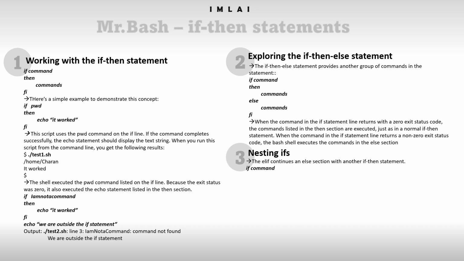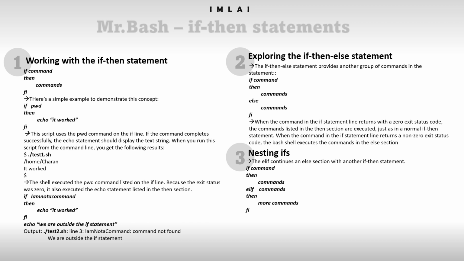So let's look into the syntax of the elif. So if, and then as usual command will come, then after the then section, and then elif, again commands. Then if you use an elif, you can put another then section, and you can add more commands. And finally you can close this whole statement with fi.